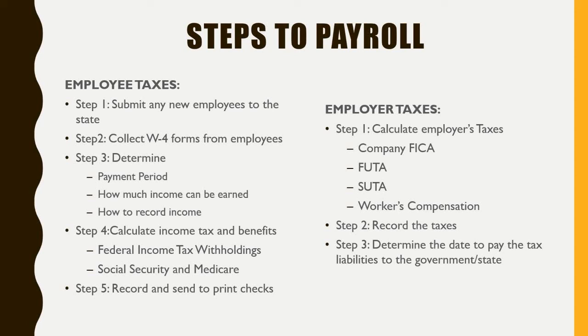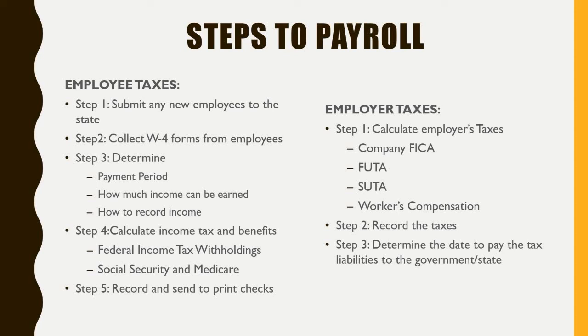as the employer side, once you determine the employee side, the employer must match what the Federal Insurance Contributions Act requires, so Social Security and Medicare. The company must match them, because it's their responsibility to also pay into that. But they're also responsible for paying into unemployment.